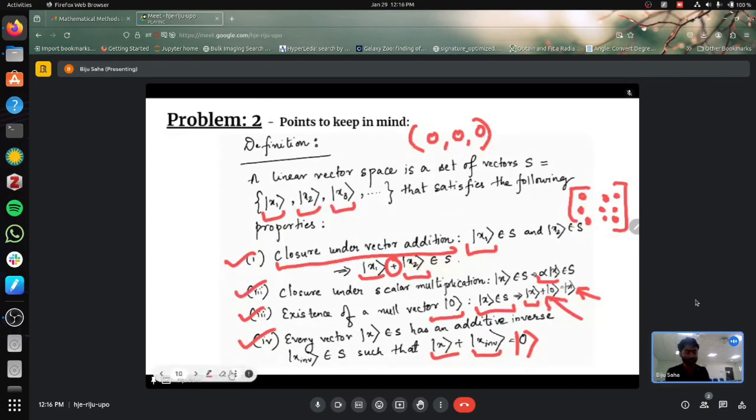If all of them are satisfied, then you conclude that yes, the set of vectors forms a vector space. But if any of these criteria is not satisfied, the set immediately fails to form a vector space. Then you can no longer call the set of vectors a vector space.